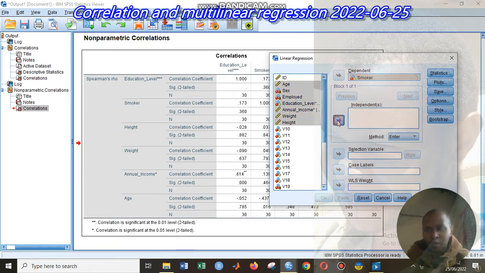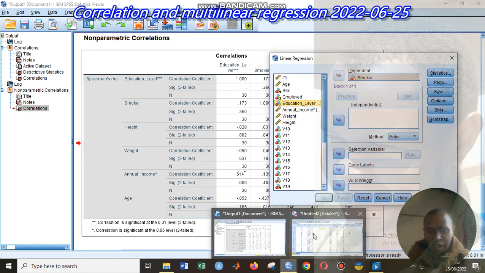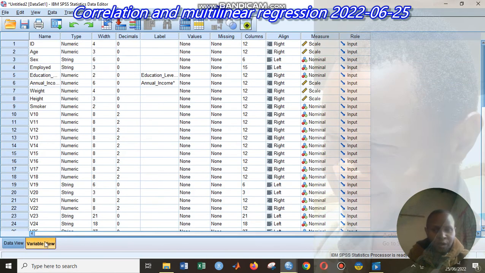We push them there, and we can see it has refused because these three are not scale. So we can just go here and check. Yes, the education level is nominal.